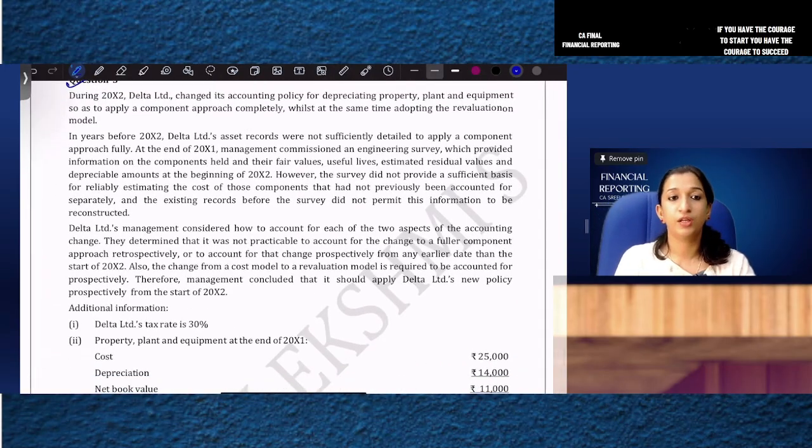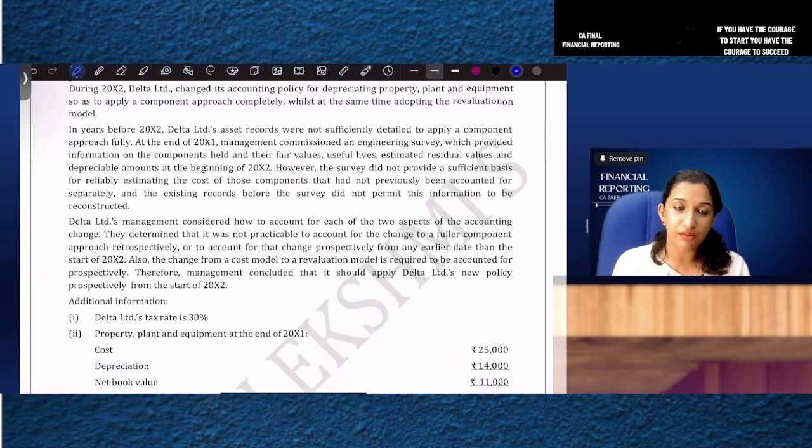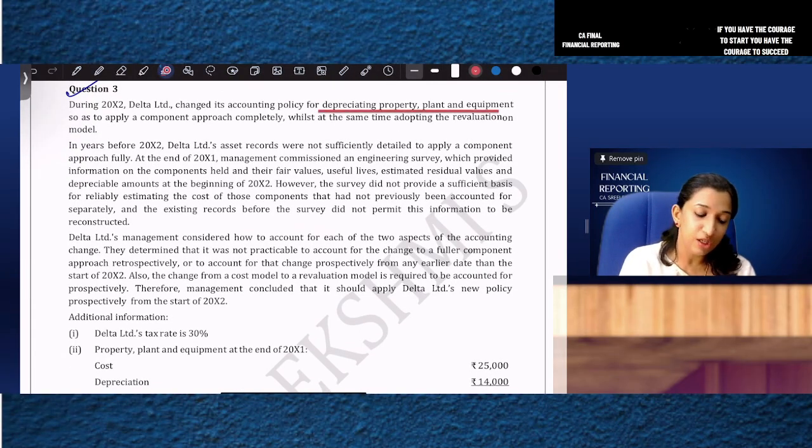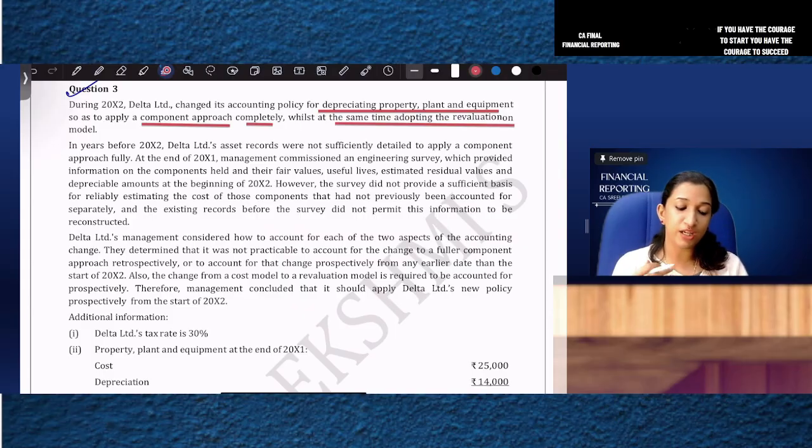Question number 3. During 2012, Delta Limited changed its accounting policy for depreciating PPE so as to apply the component approach completely, while at the same time adopting the revaluation model.